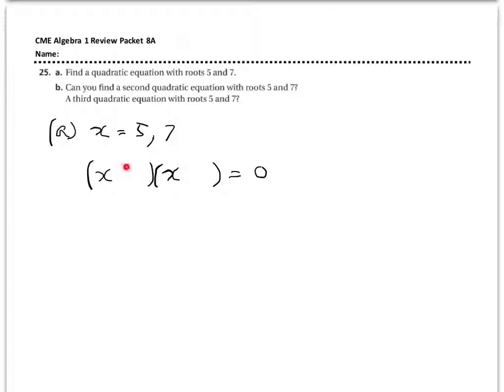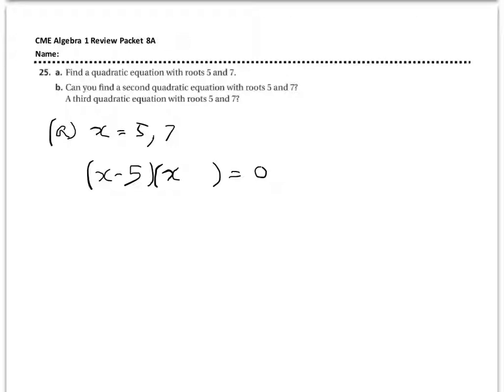What number should we have over here if we plug in? We want this left parenthesis to be 0, and we know this x is 5. What should we have next to it? It's definitely negative 5, because if you put 5 for x, then 5 minus 5 will be 0. And then what would you do for 7? Same thing. So that's how you do it.